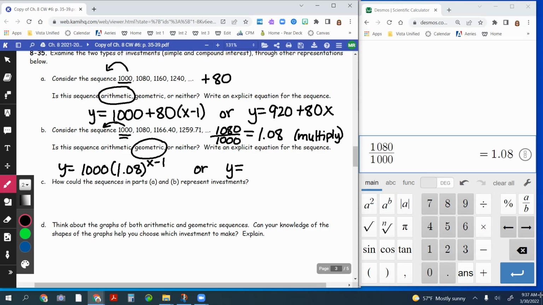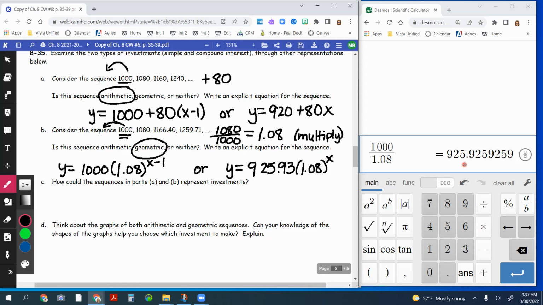So basically, I would take 1,000 and divide it by 1.08 if I'm going backwards. And I'd have about 925.9, I'll push up to 926 times 1.08 to the power x.